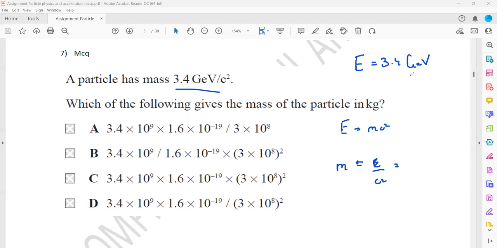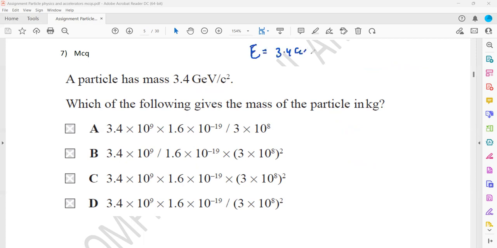The important part is that we have to convert this giga electron volt first. So the energy will be equal to 3.4 giga electron volt. First convert into electron volt, so it will be 3.4 into 10 to the power 9, as giga means 10 to the power 9 electron volt.